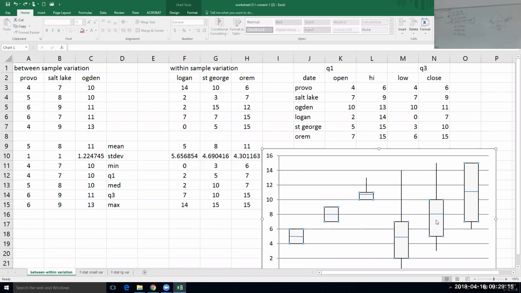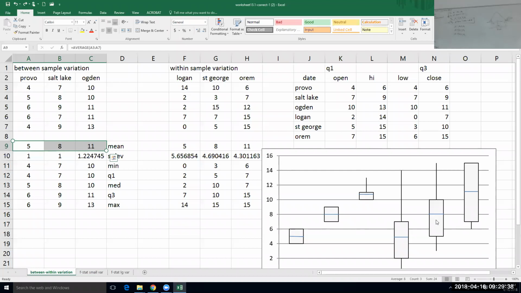I'm not sure about these other 3 cities because they overlap a lot. So the thing that I'm trying to point out here is you cannot simply look at the means and say, oh yeah, they're different, because you've got to include the variance in here. That's why we call this the analysis of variance, because we've got to take into account the variance. These are clearly different.